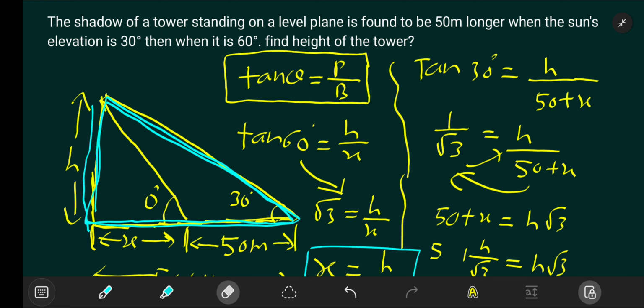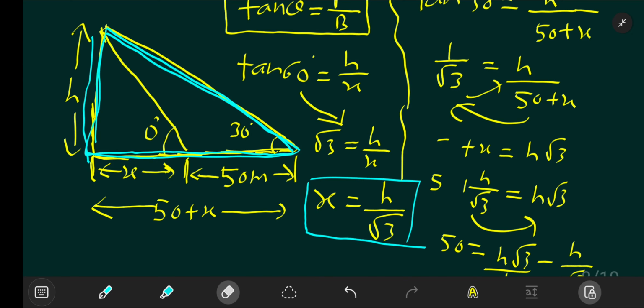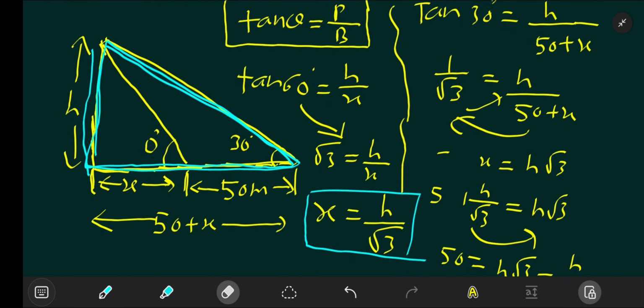Okay, first of all I applied tan 60 degrees, so that I got the x value. Now I applied tan 30, and at the place of x I substituted this x value.